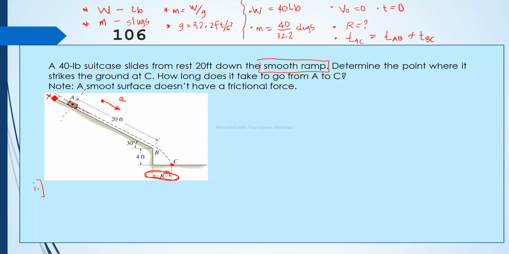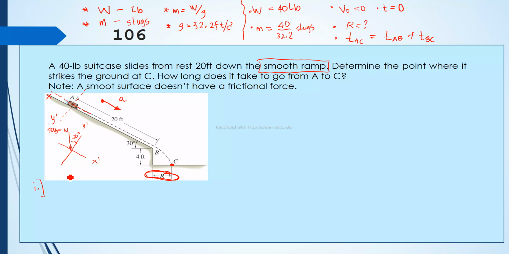Let's say this is our x prime, and here we have our y prime. We have the weight here, which is equal to 40 pounds. That is 30 degrees. There is no friction.